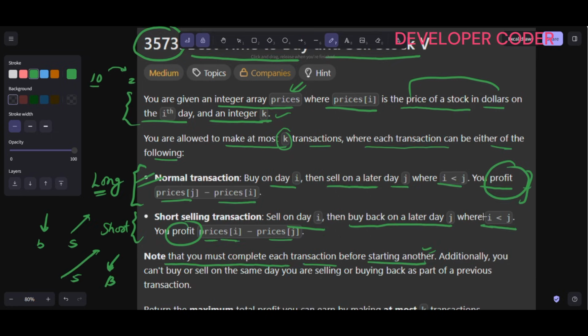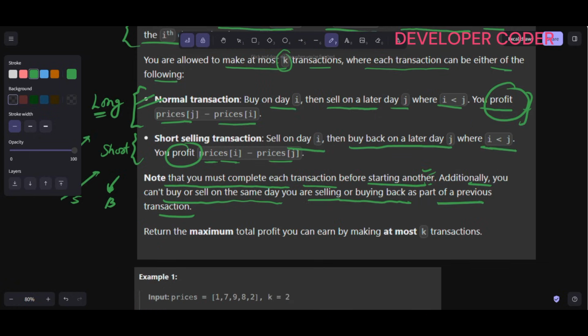So you must complete each transaction before starting another. Additionally, you can't buy or sell on the same day you are selling or buying back as part of a previous transaction. Clear? Simple line. We have to return the maximum total profit you can earn by making at most k transactions.